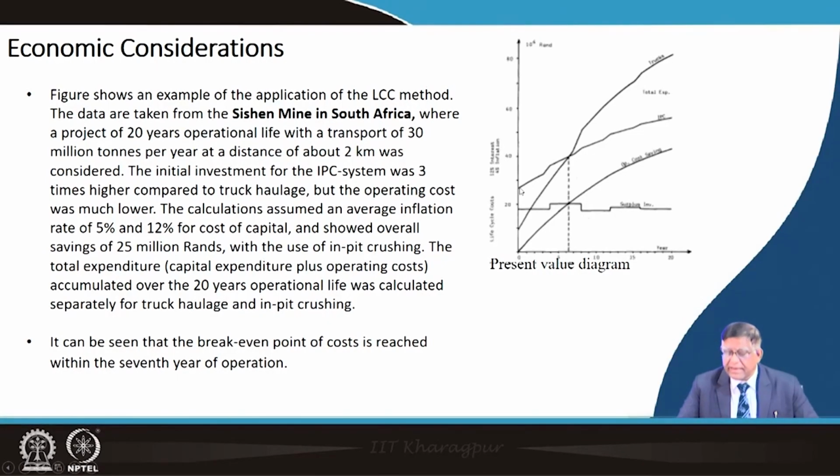But here in IPCC, though the initial investment was very high, after that the total expenditure goes less, and the cost does not increase at that rate. So, after some years, say about 7 or 8 years, it starts giving a profit compared to the other option. This type of analysis is done to find out the economic consideration on an investment.